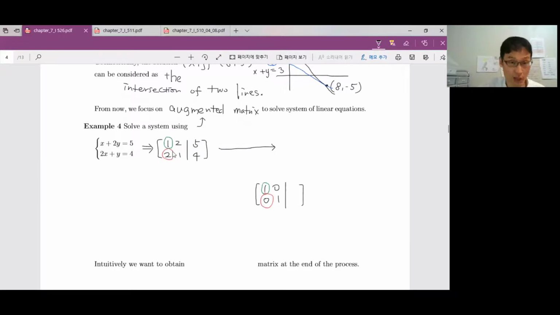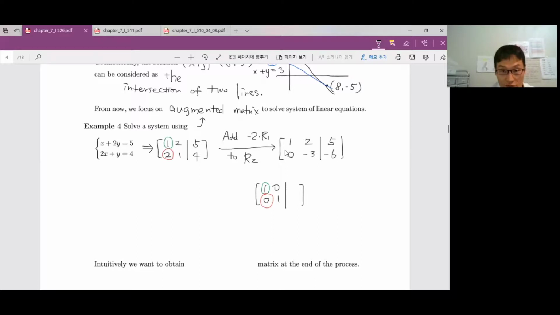So that tells you the direction or operation that you want to apply. So add -2 copies of the first row to the second row. So this change will take place in the second row, 0, -3, -6. And the first row will remain 1, 2, 5. Good.